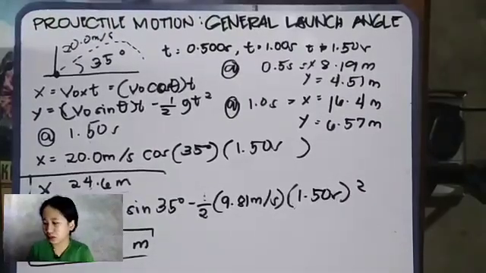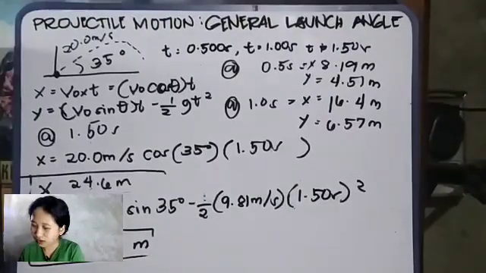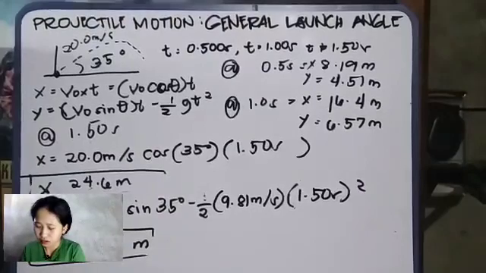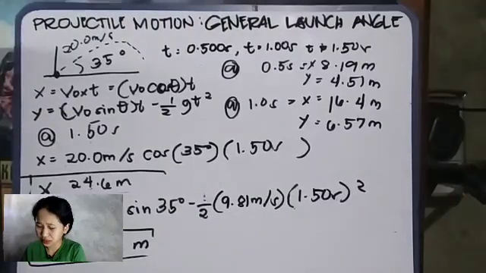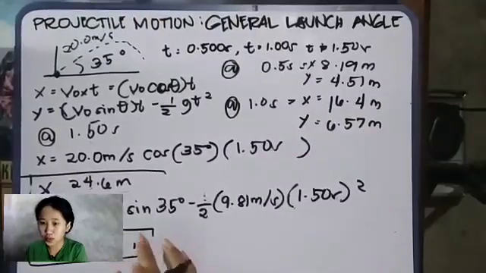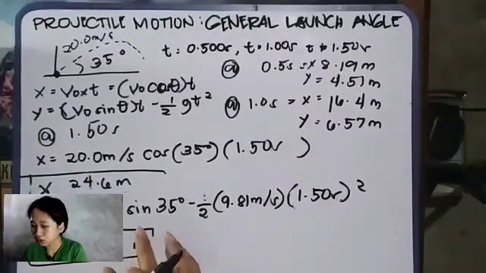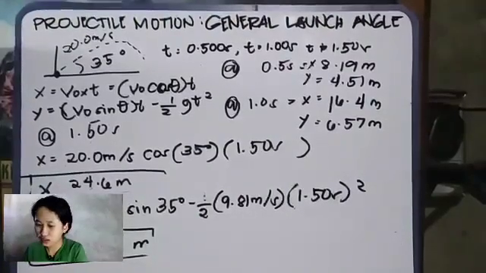Wait lang, ano ko na. 20 sine 35 minus 1 half times 9.81 times 1.5. Ay, sorry, namali ako. 0.5 pala ang nalagay ko. Papalitan ko.